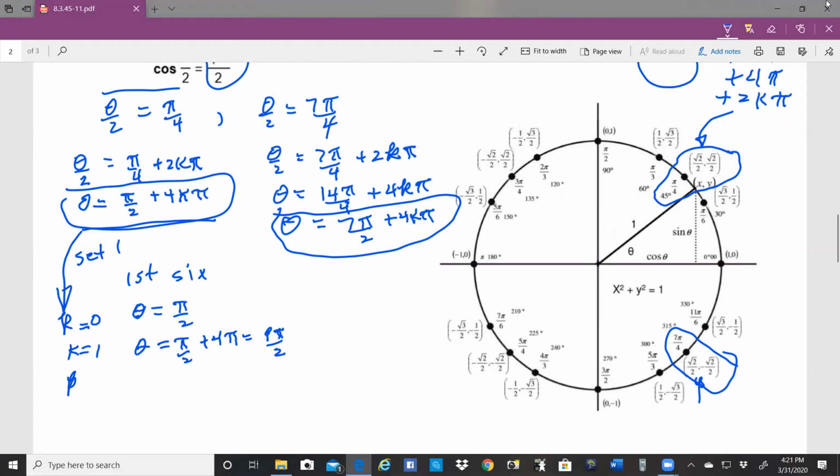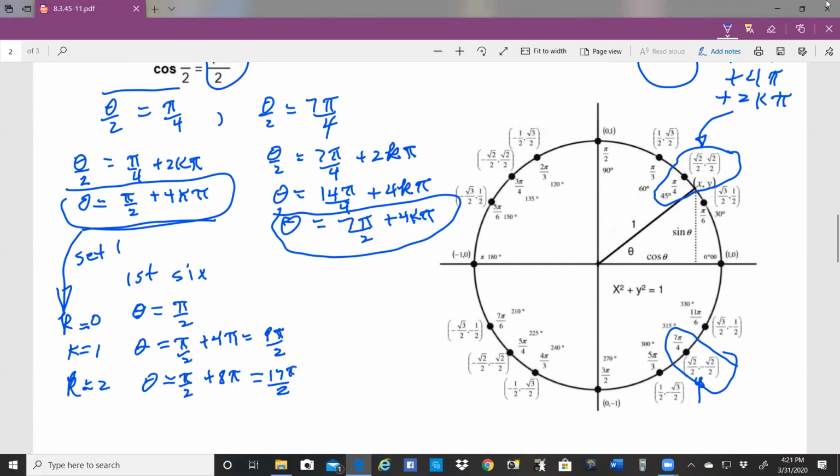And for k equal 2, you get theta equal pi over 2 plus 8 pi. So that'll be 16 pi over 2 plus pi over 2, which is 17 pi over 2.